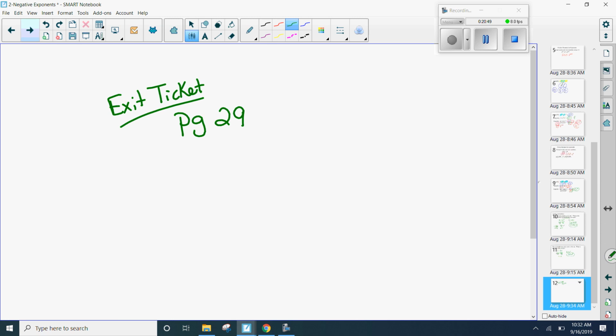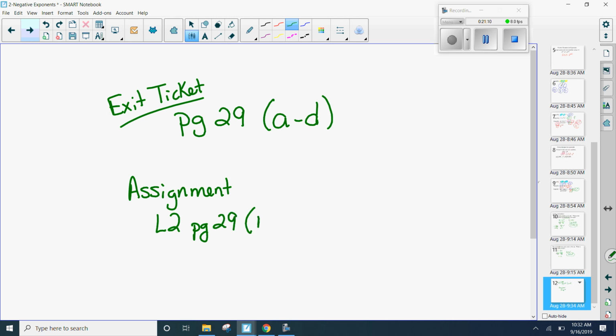I need you to do A through D. Turn it in to me. And then your assignment that you get to work on tomorrow in class while I work with the other group. Your assignment is lesson 2 on page 29 as well. One through 30.